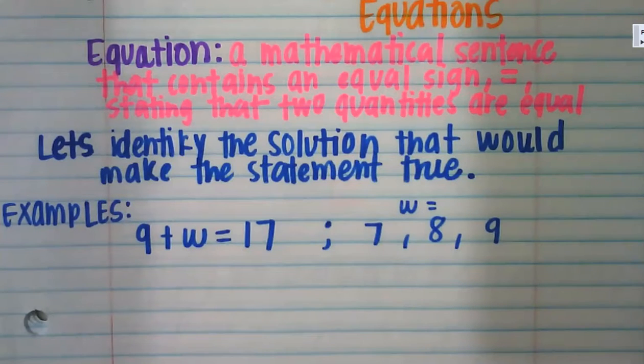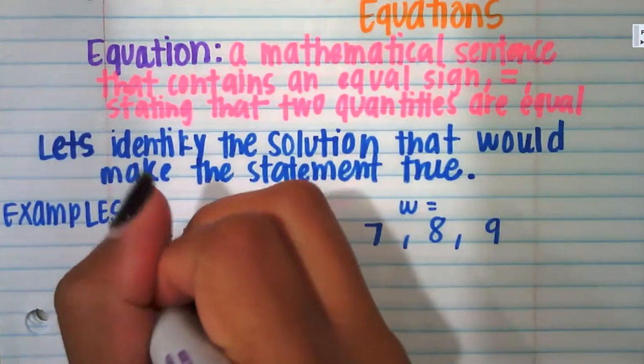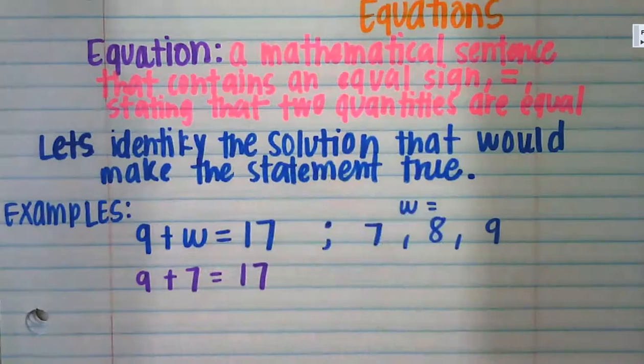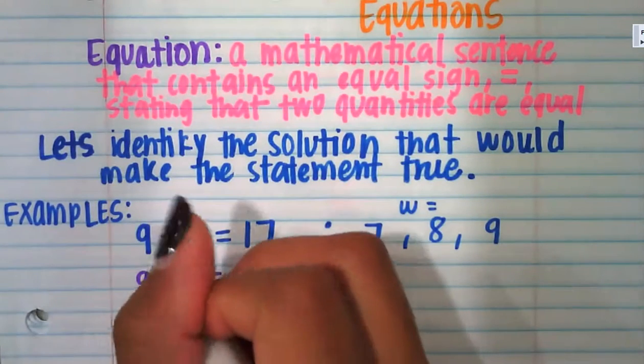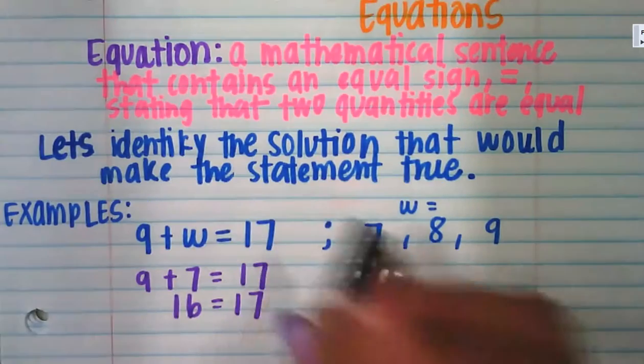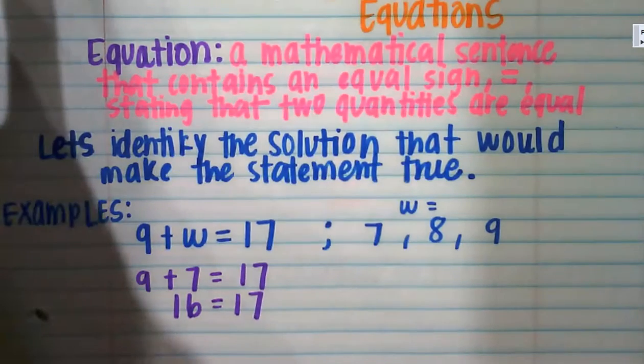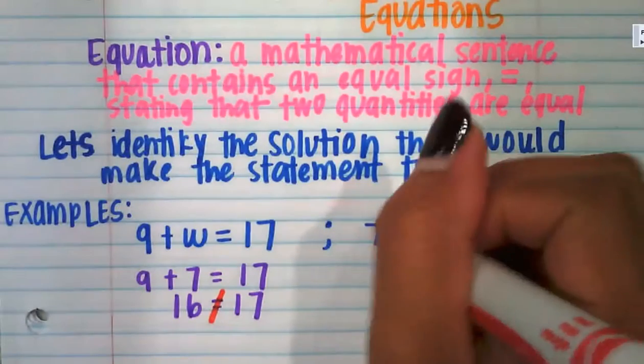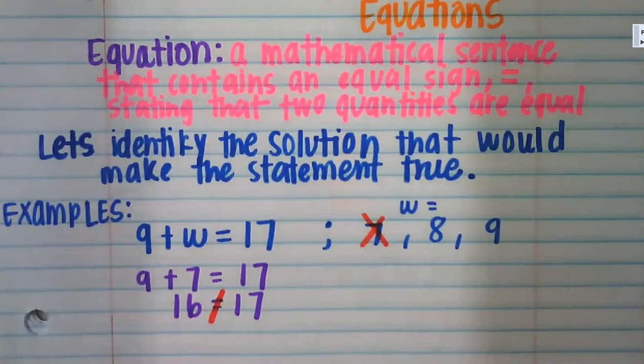Let's try and see which solution would work best. In place of w, I'm going to put first 7. 9 plus 7 is equal to 17? Well, 9 plus 7 is actually 16. Is 16 equal to 17? Nope. 16 is not equal to 17, so 7 is not a solution.